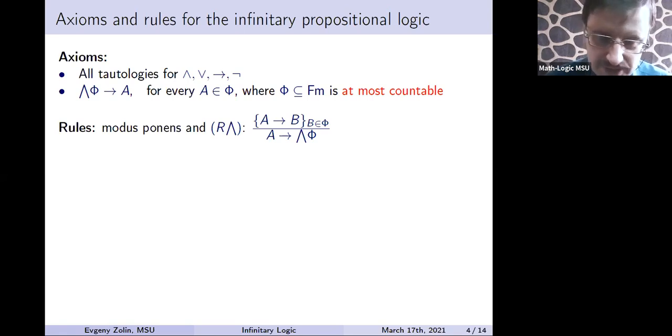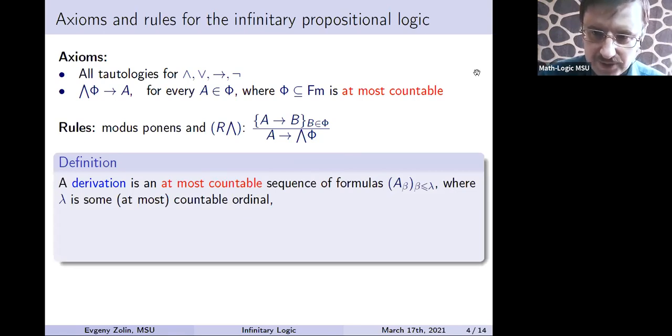This rule resembles the Bernays rule from classical predicate logic, for quantifiers: A implies B of X, then A implies for all X, B of X. So this is very similar.